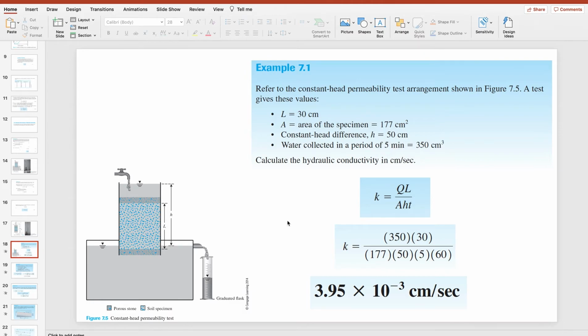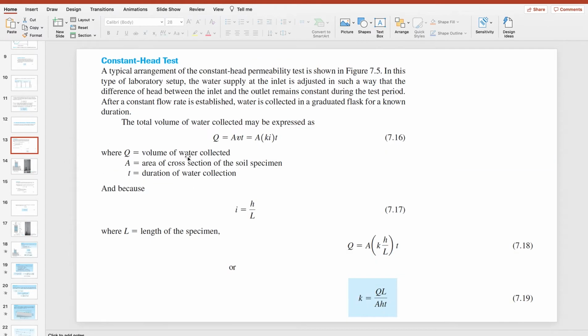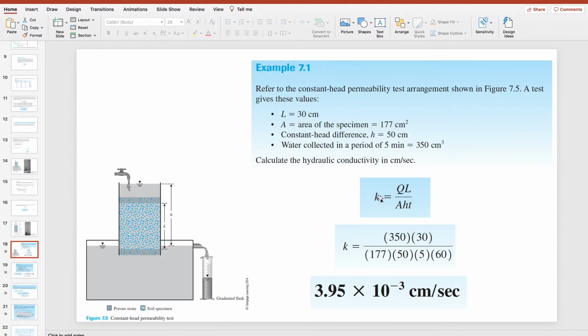Since this is a constant head permeability test, this is the only equation we will use. Just simply copy that, then paste it here. Hydraulic conductivity is equivalent to flow times the length divided by the area times the head times time.